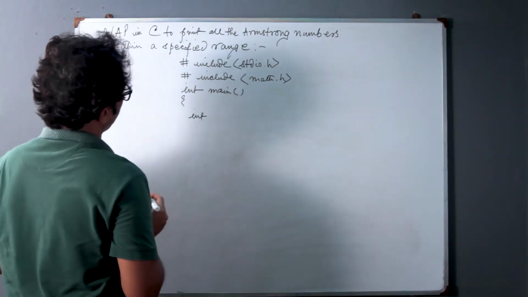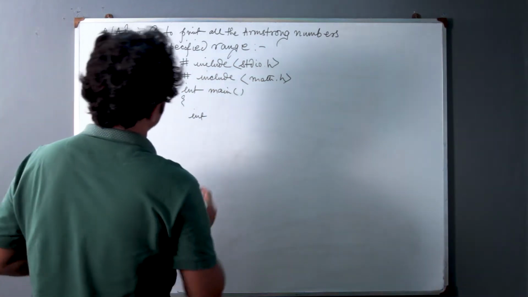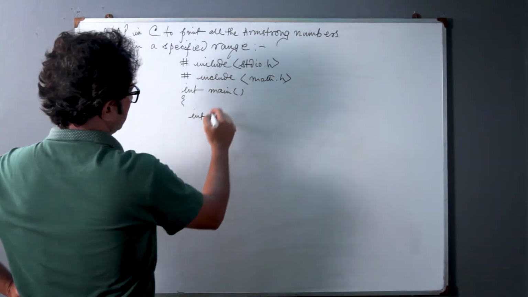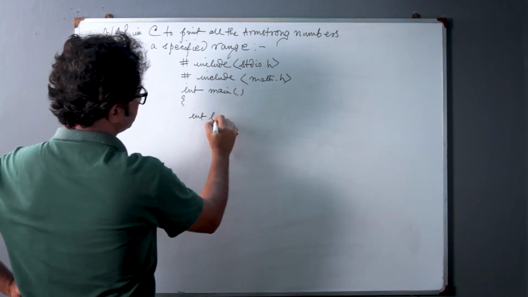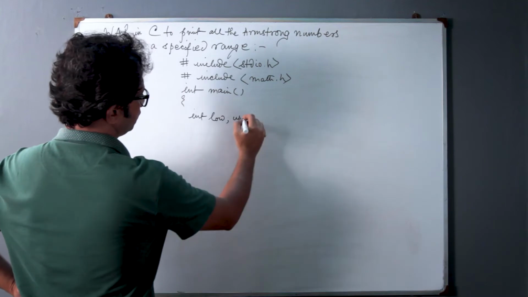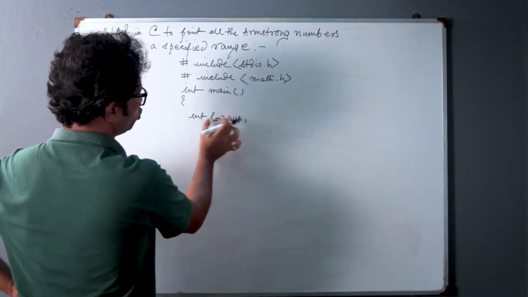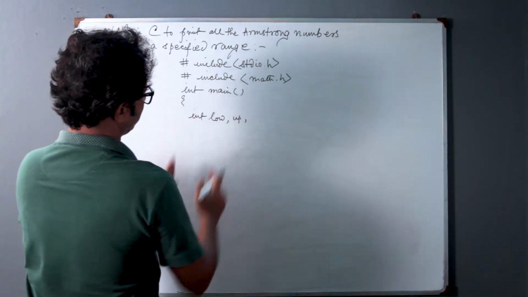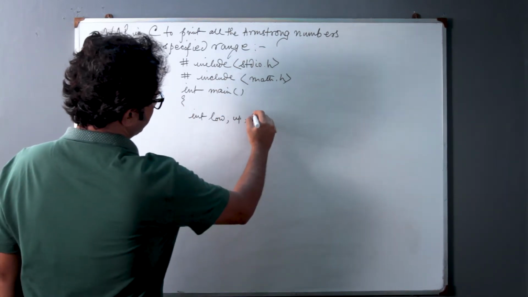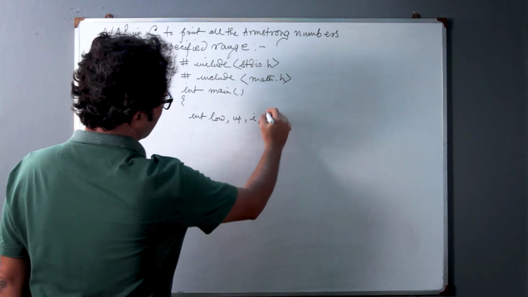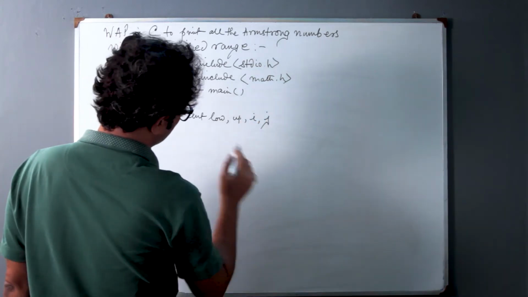We require a variable for the lower limit, say low, and the upper limit, say up. These are the two specified values which determine the range. And then we take a variable i, that is the loop variable, and another auxiliary variable j to store the value of i.